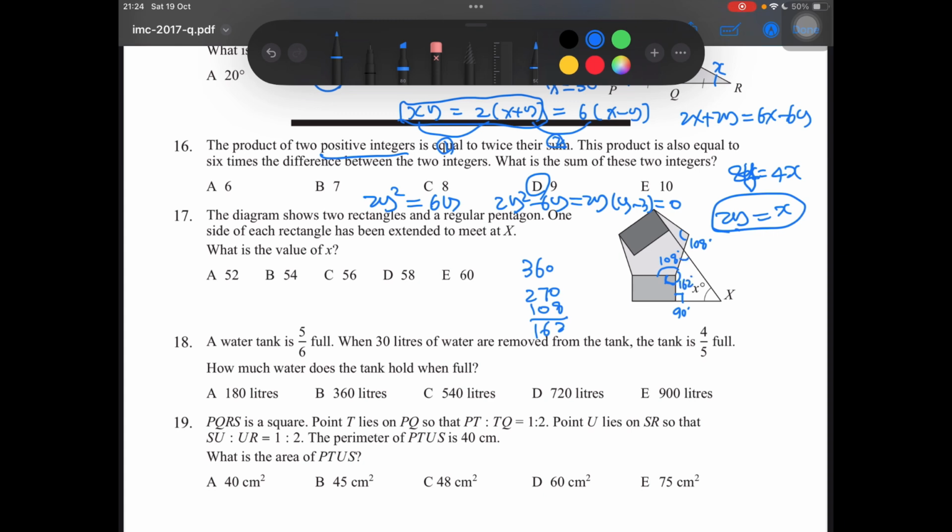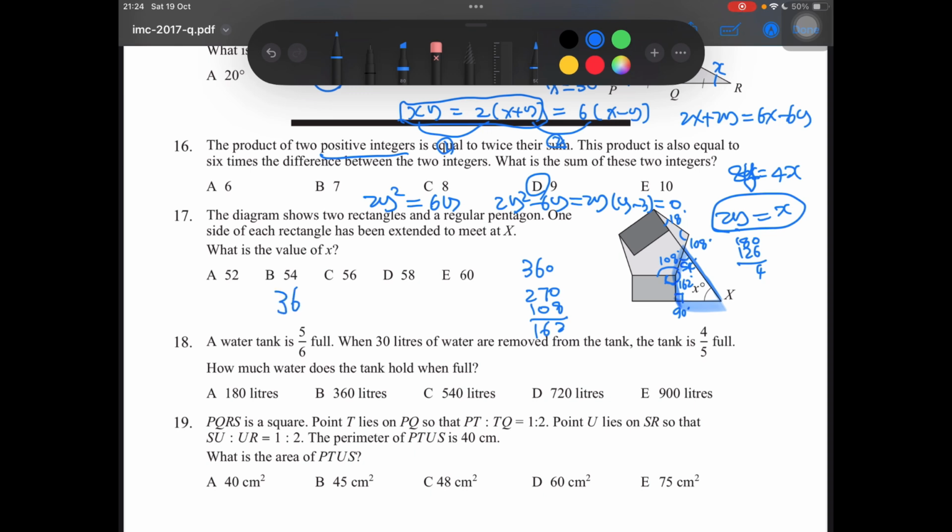And here, because this is 18, so 126, 180, 54. So now this one is a quadrilateral, so it should be altogether 360.